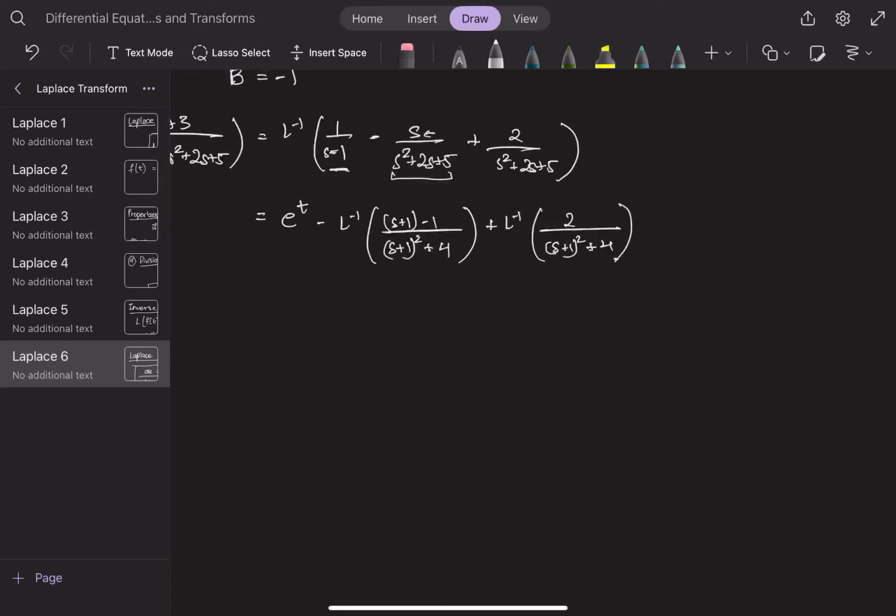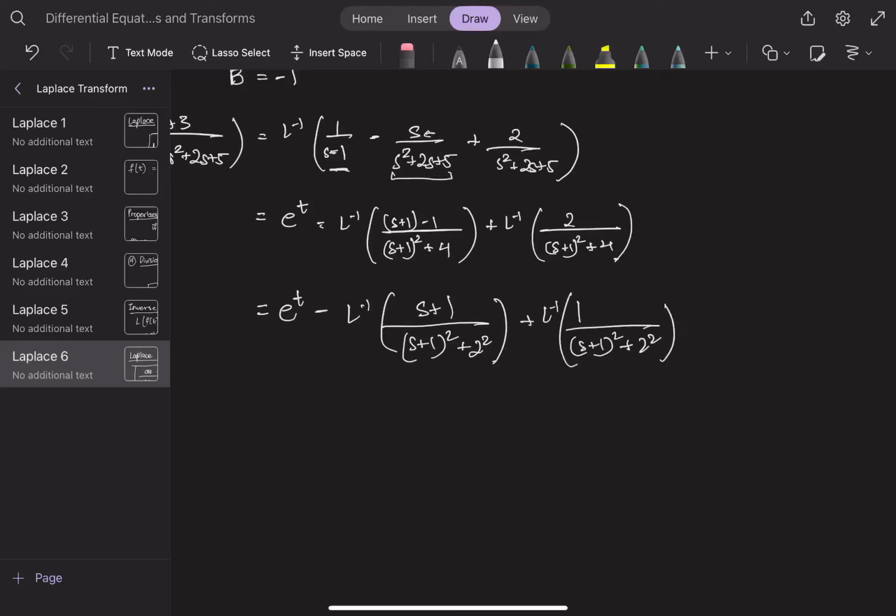Now guys, let's separate these terms. So this becomes e raised to t minus Laplace inverse of (s plus 1) divided by (s plus 1) whole square plus 2 square. Minus minus becomes plus Laplace inverse of 1 upon (s plus 1) whole square plus 2 square, plus twice Laplace inverse of 1 upon (s plus 1) whole square plus 2 square.